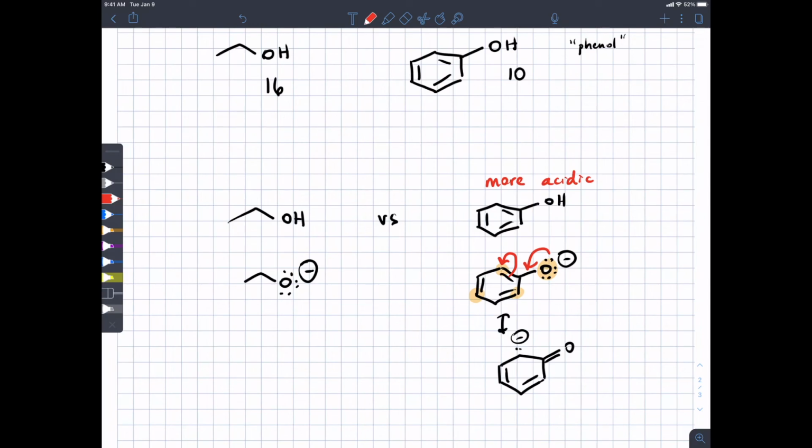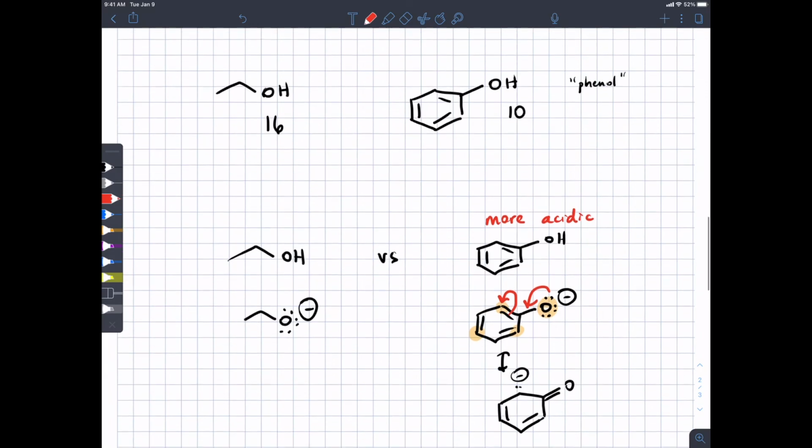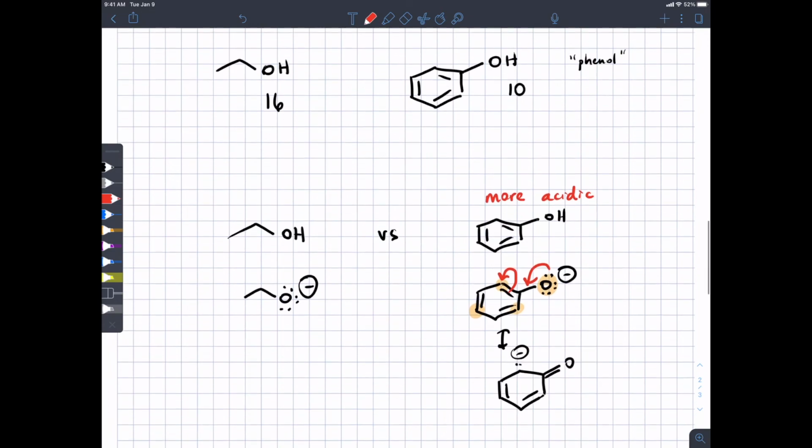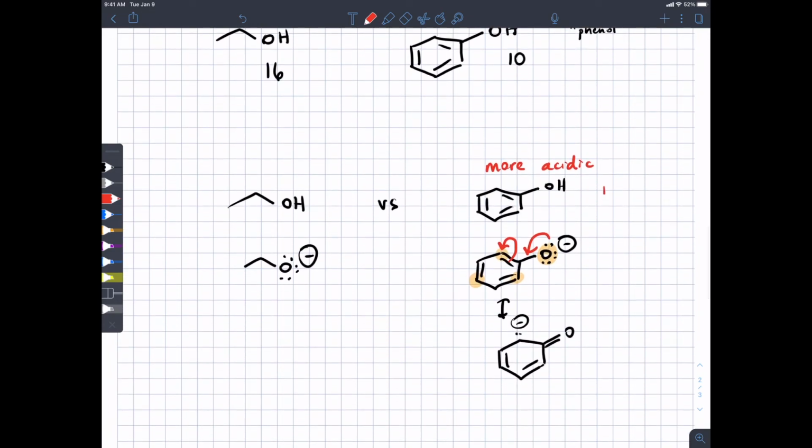Okay. So Professor Price, just to follow up with that, in the question that you asked above, you said that might be an exam question. How would we answer that? Because we know that the alcohol would be more acidic, but if we don't know the exact value, how would we know that it's more acidic than the one we were given?